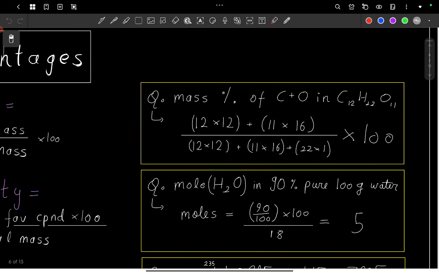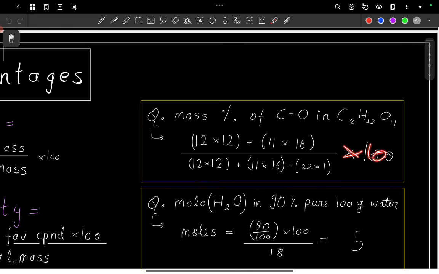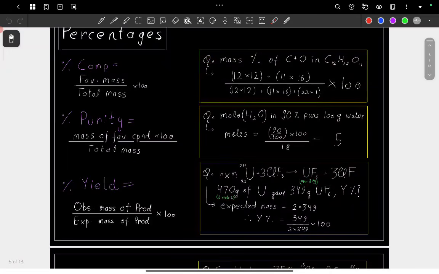What is the favorable mass? 12 atoms of carbon multiplied by the atomic mass of carbon plus 11 atoms of oxygen into 16, the atomic mass of oxygen, divided by total mass that I have. This also includes the hydrogen, and if we multiply by 100, we will get our percentage composition.